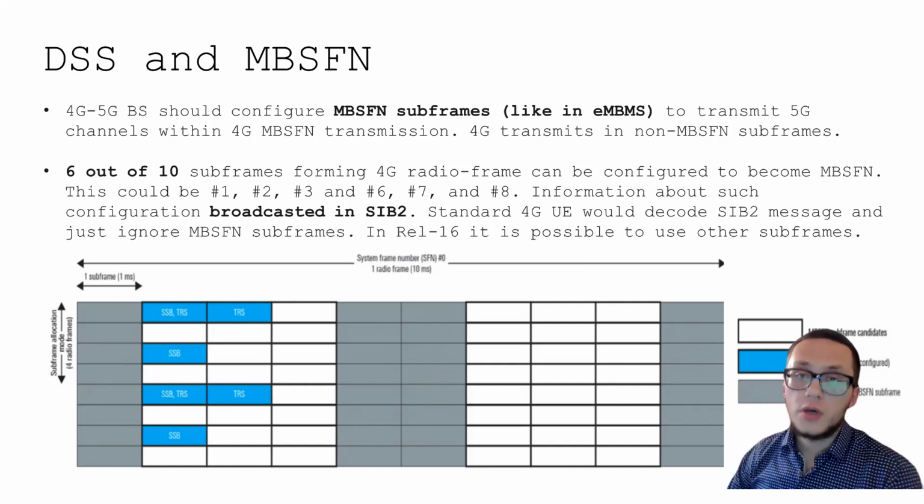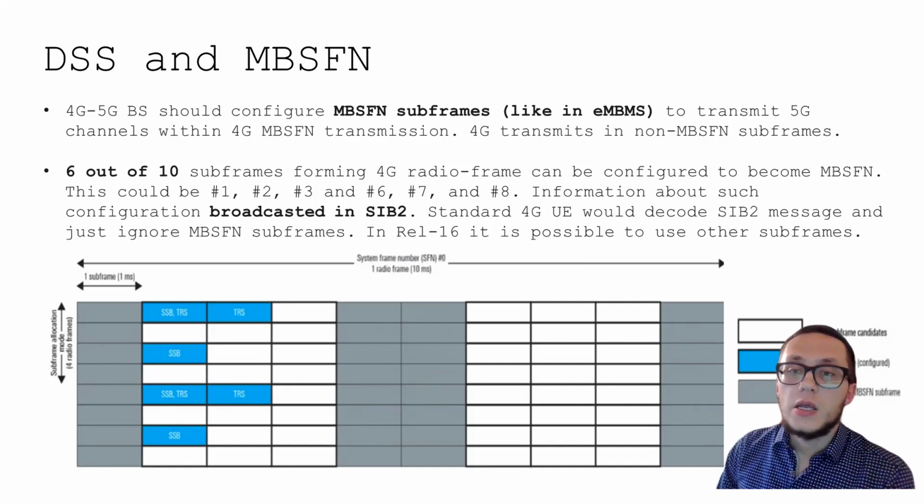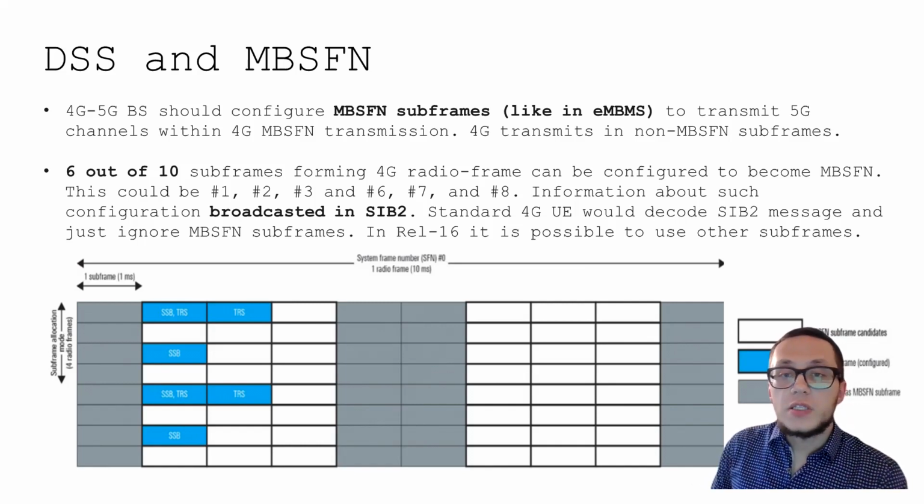So a regular user equipment would decode the SIB2 block and just ignore the MBSFN subframe if it is not capable of DSS mode. In the next releases, in release 16, it is possible to use even other subframes, not just 6 out of 10 subframes of the 4G radio frame. So this is more flexible.